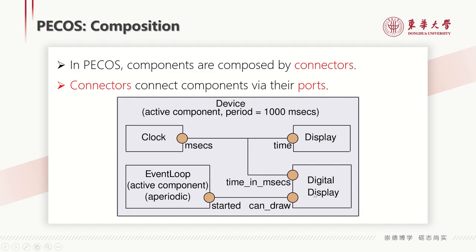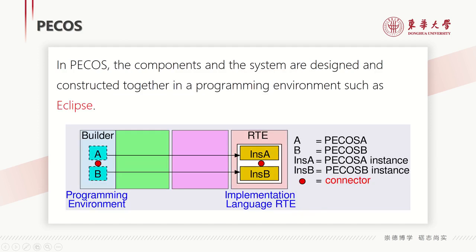In PECOS, the components and the system are designed and constructed together in a programming language, in a programming environment such as Eclipse. This is very similar to Acme or ArchJava. We can use a builder such as Eclipse to design and construct the components and system together.